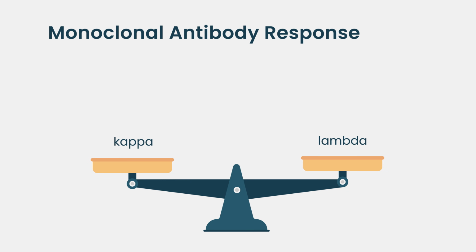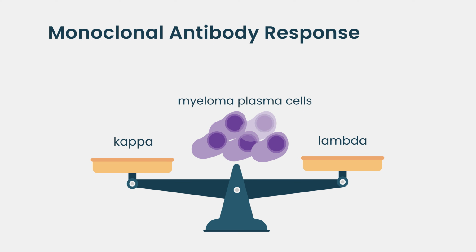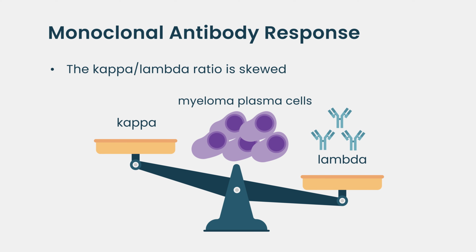If you have a clonal proliferation or multiplication of plasma cells, then they tend to be all Kappa or all Lambda, or that normal ratio is significantly skewed toward one or the other, and that tells you that you have a clonal process. One can look at this in a variety of different ways. In a bone marrow, you can do that on a biopsy, and you can also do that on the aspirate as well, using something called flow cytometry.